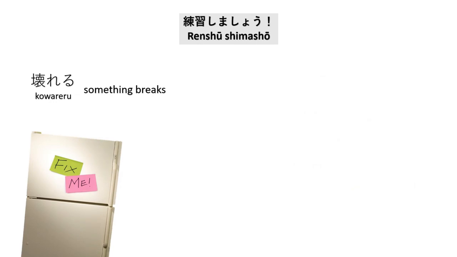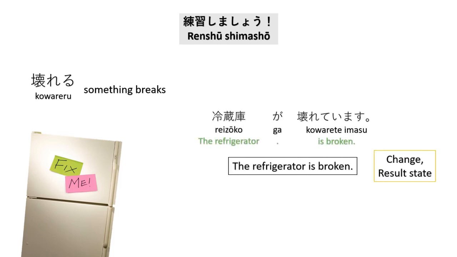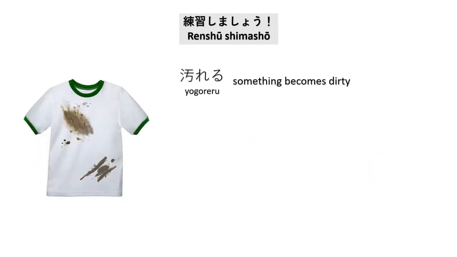Kawareru. So here we have the refrigerator. Reizoko ga kawareteimasu. The refrigerator is broken, from functioning and now it is broken. Okay? So there is a change of state. Yogoreru. Something becomes dirty. So here we have shatsu.